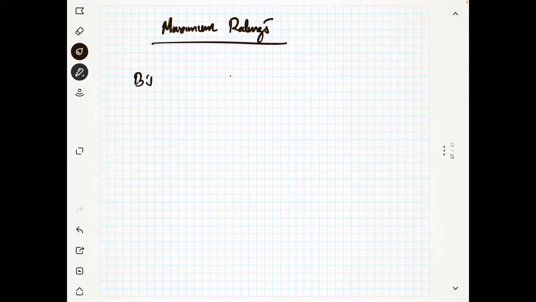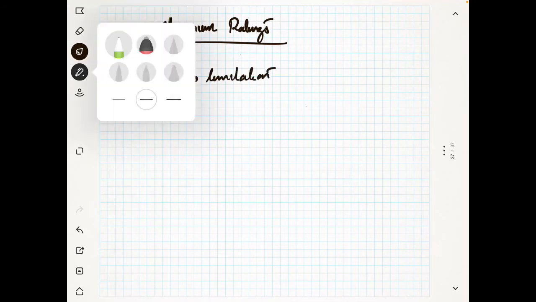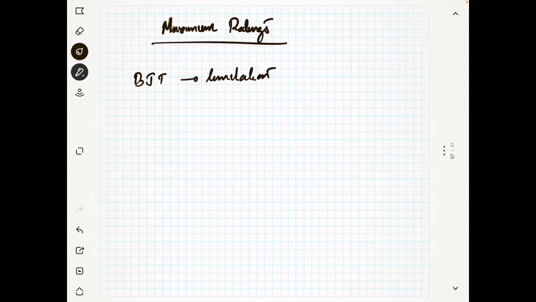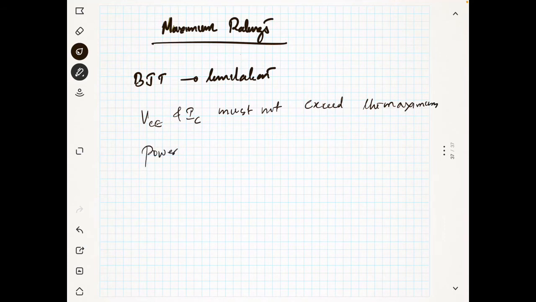Like other devices such as diodes, BJT has some limitations. So what are those limitations? VCE and IC must not exceed the maximum power dissipation.